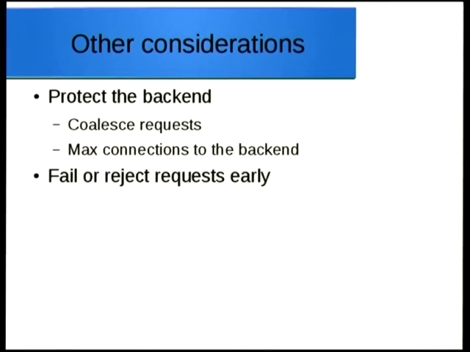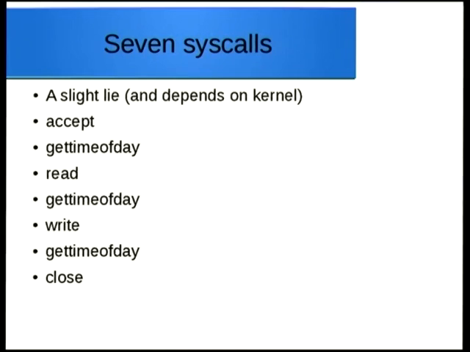Yeah, so the 7 syscalls, which are a slight lie, because 3 of them are not syscalls. Get time of day is not a syscall on Linux, even though it kind of is. The reason it's not a syscall is that the kernel has a memory page with a continually updated timestamp, and when you call get time of day, it just copies that value.